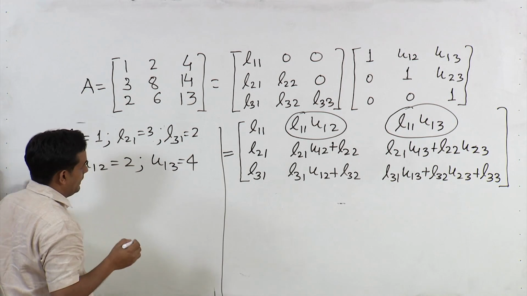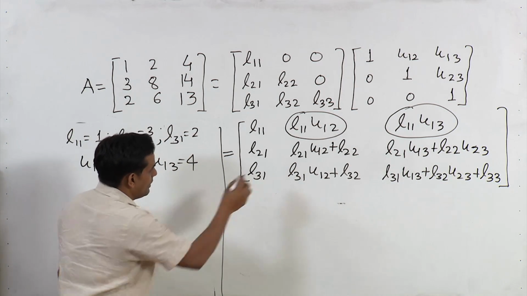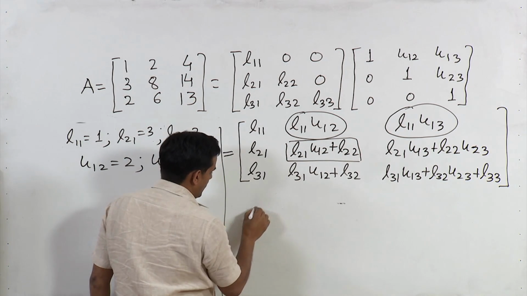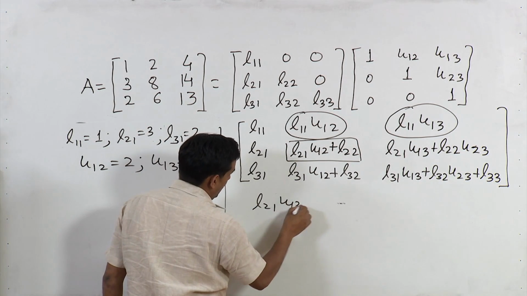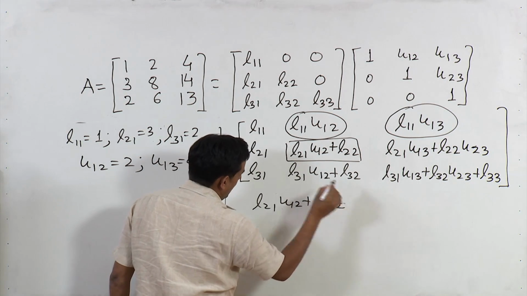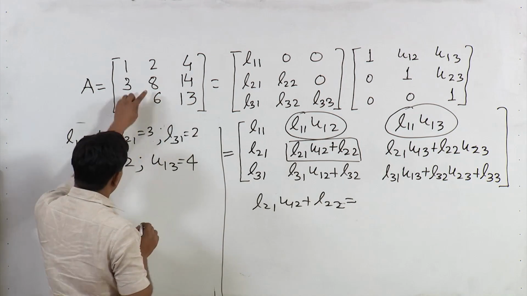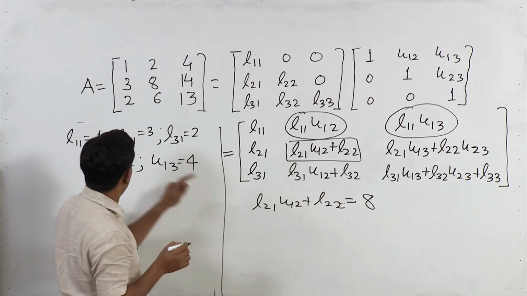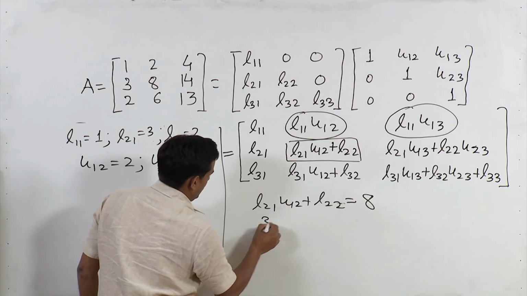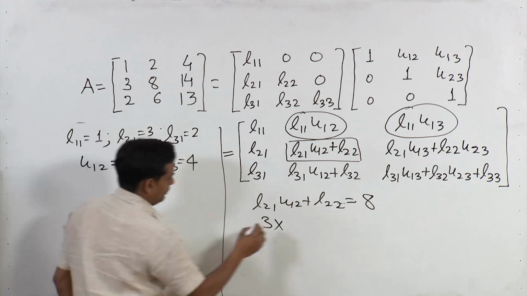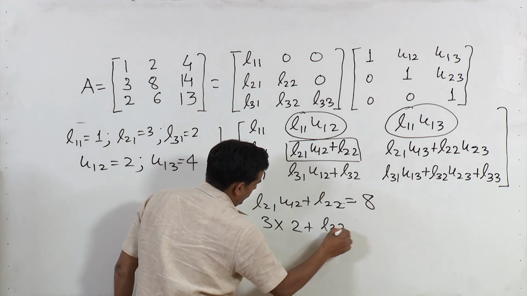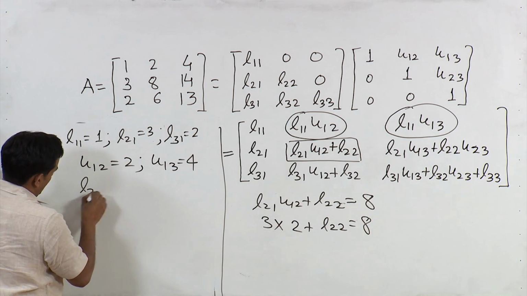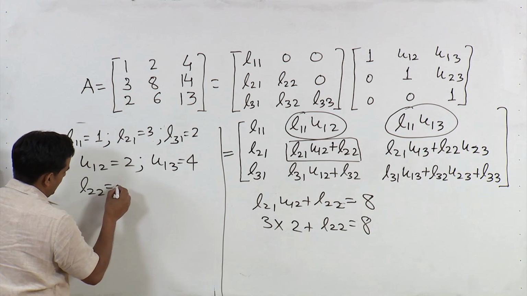Now I will compare the elements of the second column. For this I take this particular element: L21 U12 plus L22 equals 8. I know L21 is 3 into U12 is 2 plus L22 is 8. So from here I get L22 equals 8 minus 6, that is 2.